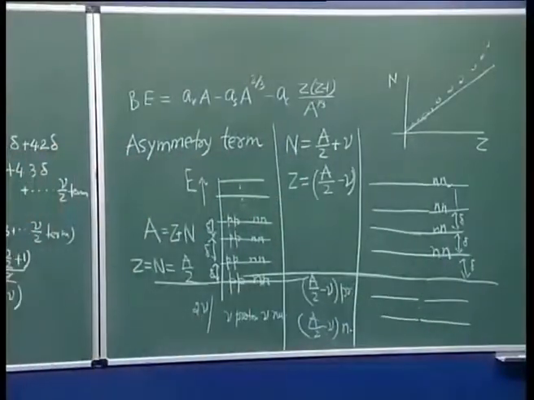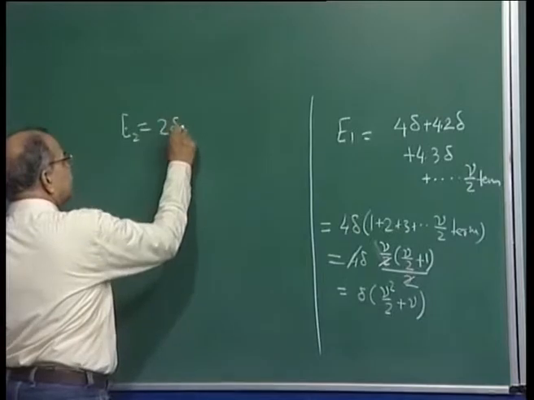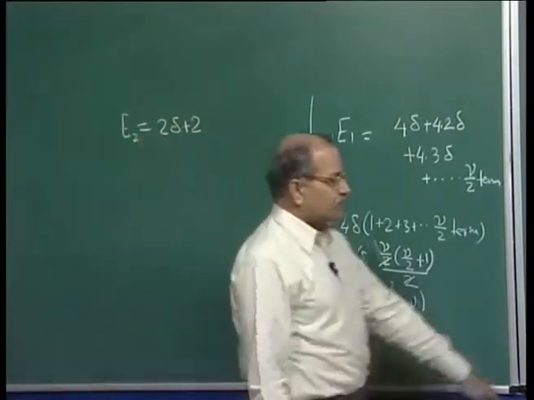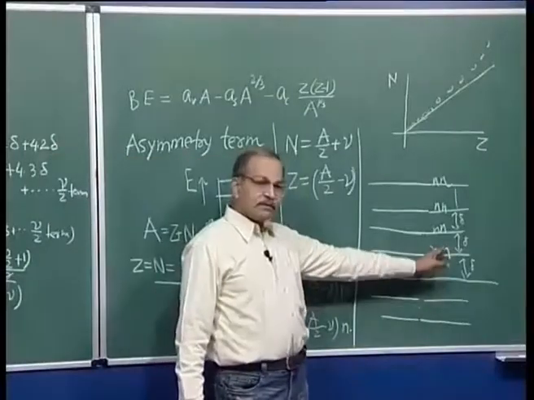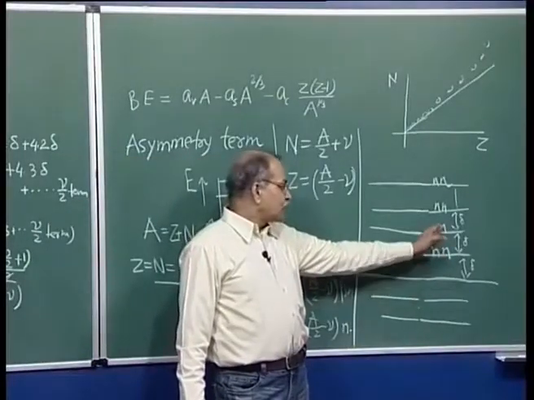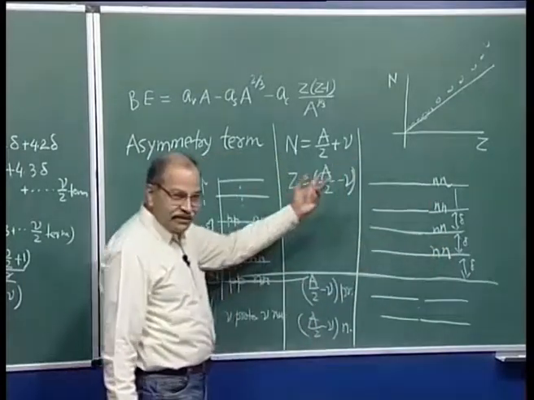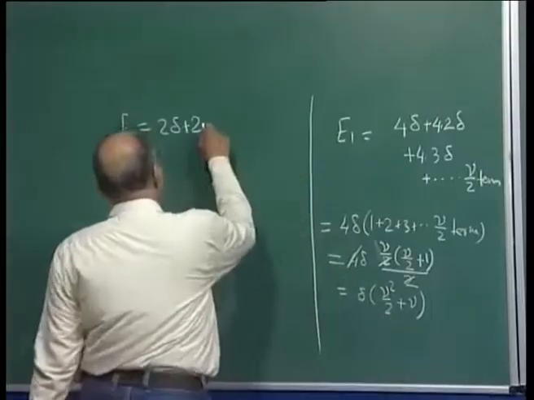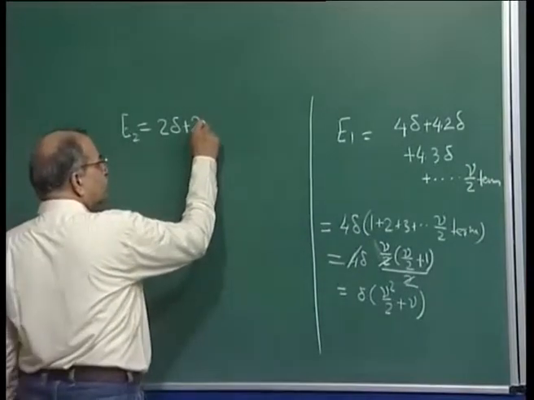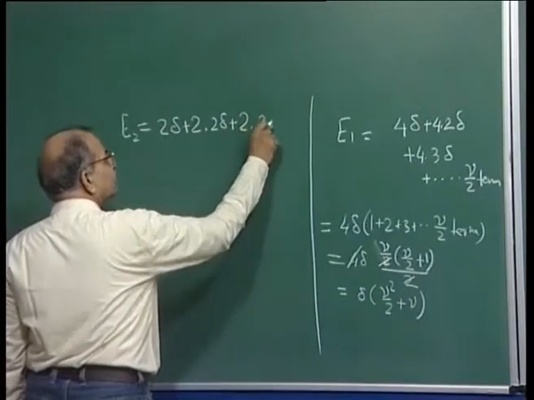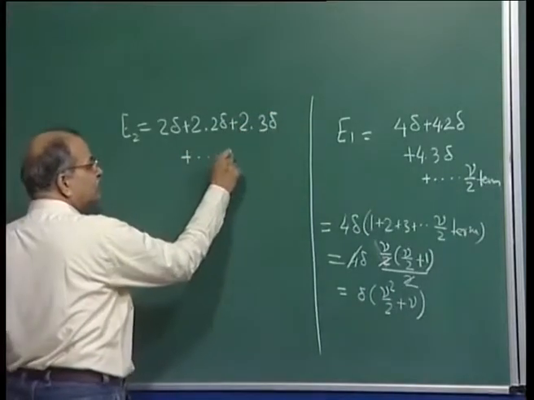So, 2 times delta, then you have 2 particles at 2 delta, right. These 2 particles are at delta energy, then these 2 particles are at 2 delta energy and these 2 particles are at 3 delta energy and so on. And how many terms are there?